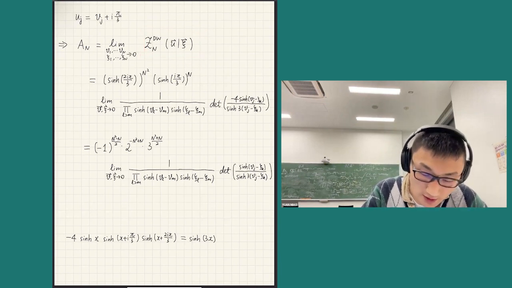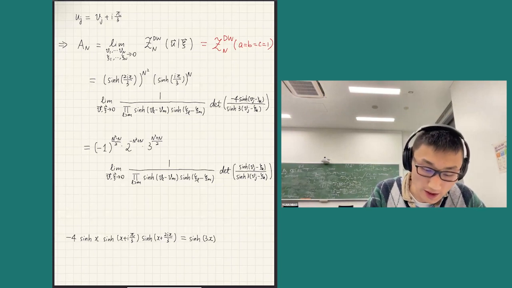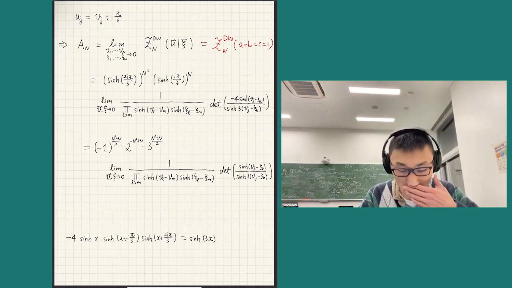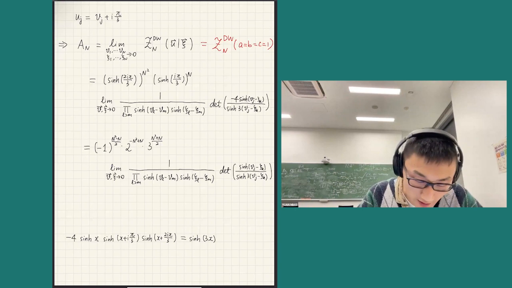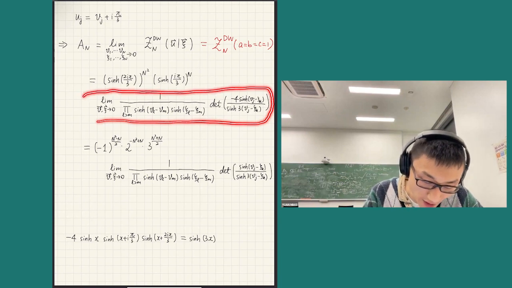And this essentially equals the partition function with a equals b equals c equals 1. And as I explained, this is the enumeration of alternating sign matrices. So we just need to focus on this diverging part here.